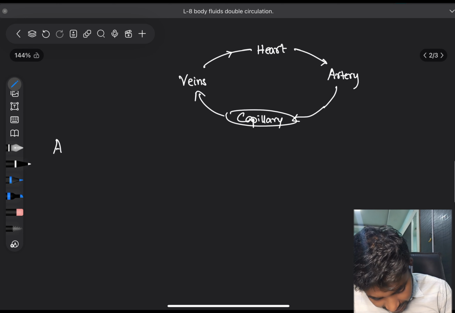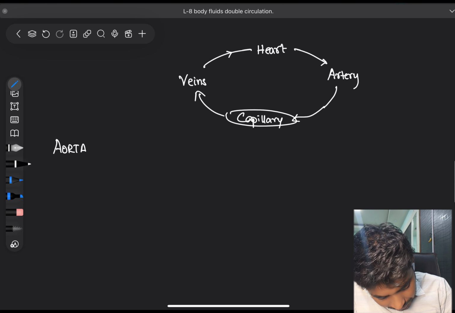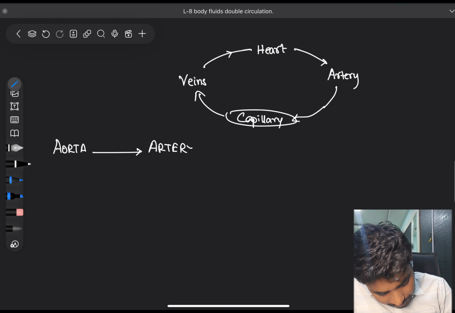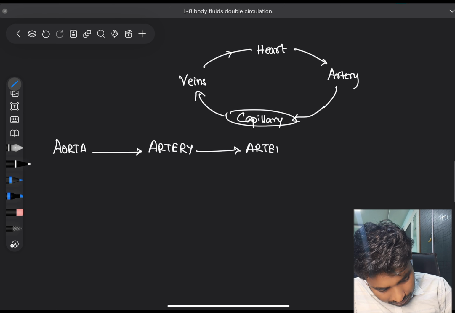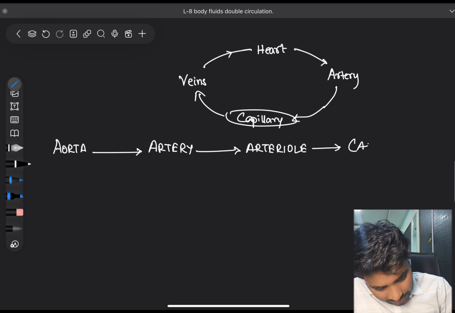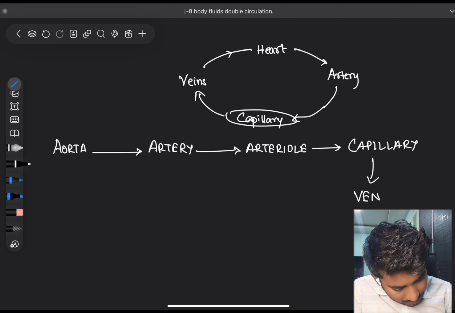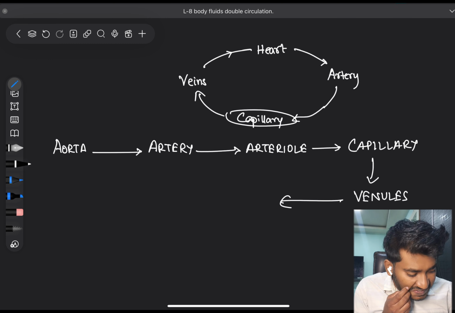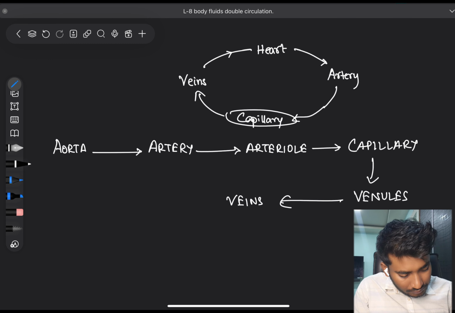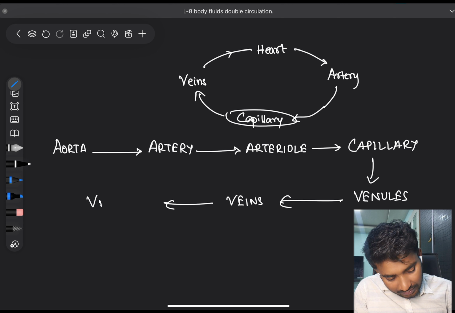Now in the case of portal circulation: aorta, artery, arteriole, capillary, venules, veins, vena cava.